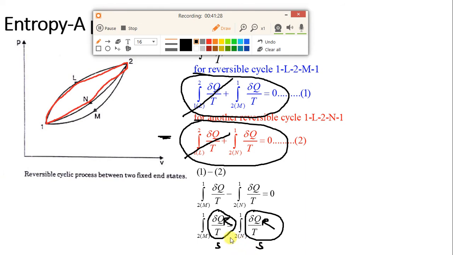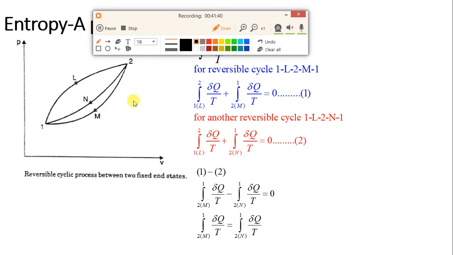So basically entropy for the m path and entropy for the n path remain the same. Even if the end states are fixed, like 2 and 1, if you follow the m path or the n path, entropy is the same. Means entropy is independent of path. If you follow n or m, the end result of S2 and S1 will be the same. So that is proved over here.